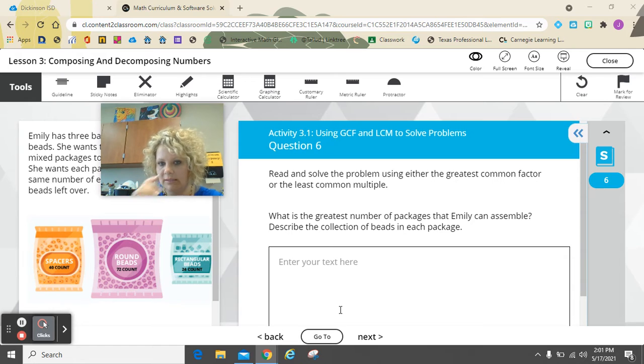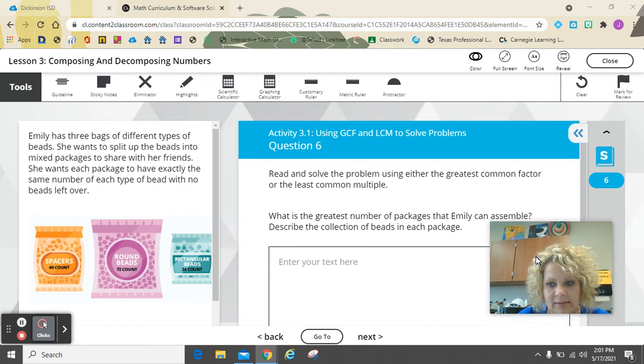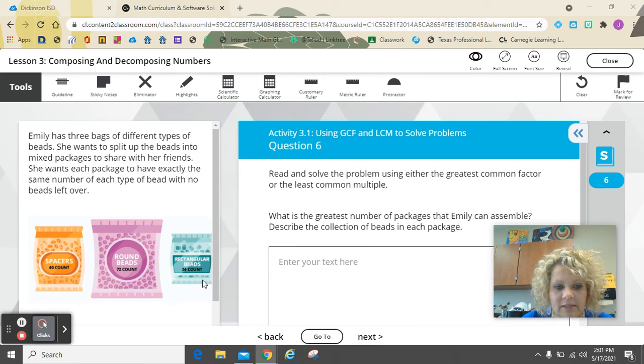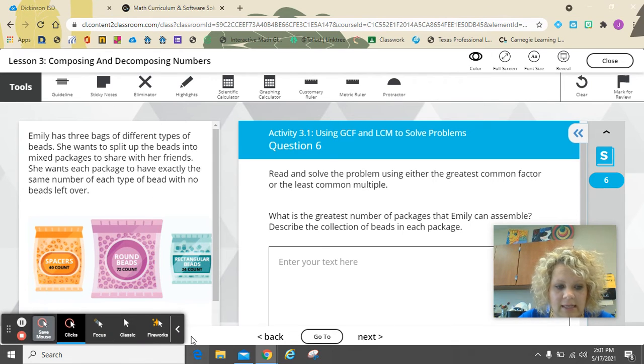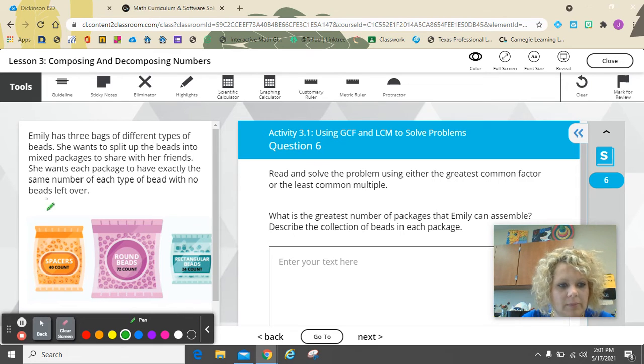So what I'm going to start with first is I am actually going to do factor trees for all 3 of these. So I have 40, 72, and 24. I'm going to write all over this and then I'll delete it, but I need to have that visual. So here's my pen. We're going to start off with 40.